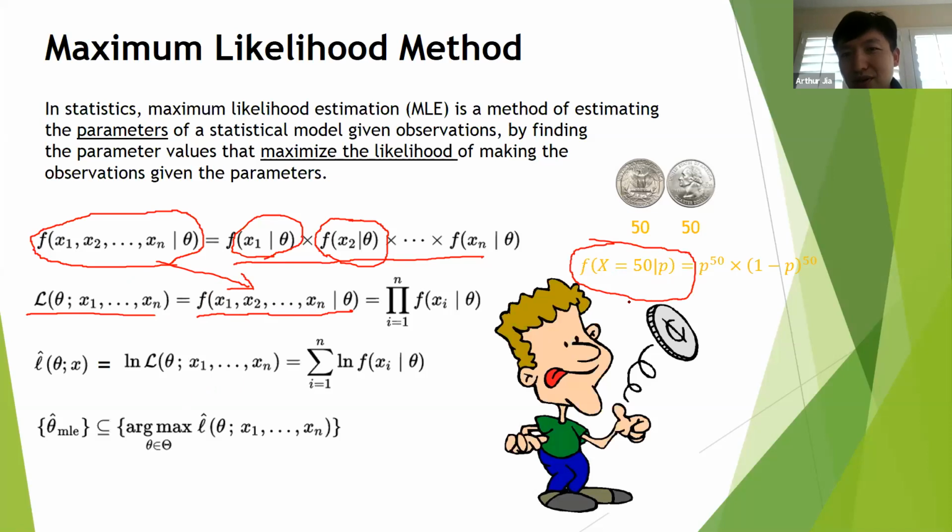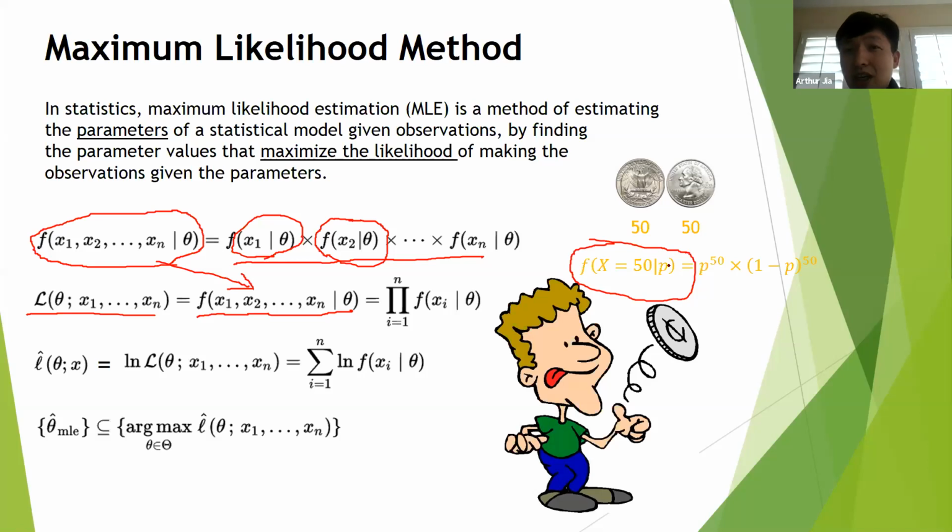Since you all know the binomial distribution, what is the single parameter we use for the binomial distribution? Can anyone tell me? The chance to get success in one trial. Yes, okay, very good.